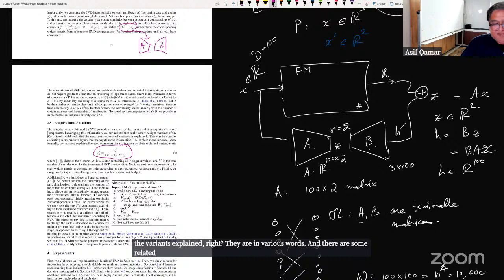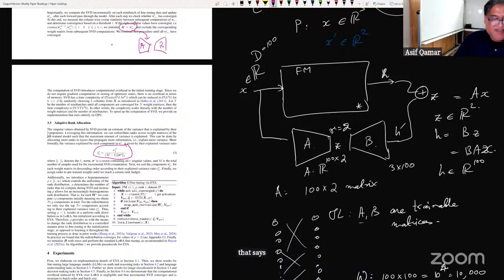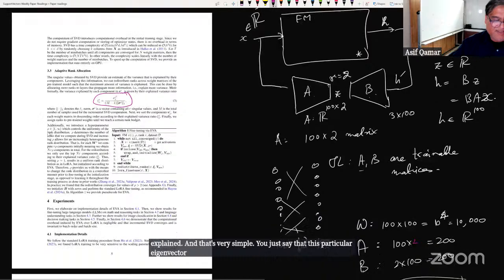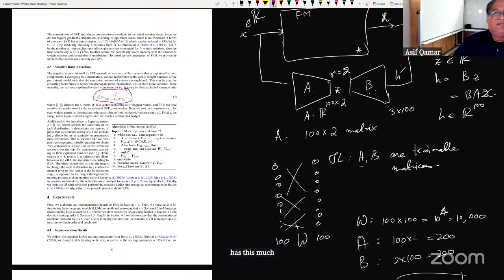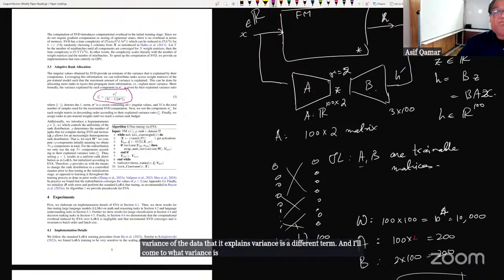This is one of the easier ones, that says how much is explained. You just say that this particular singular vector has this much variance of the data that it explains. Now, not gradient, variance. Variance is a different term, and I'll come to what it is. Just take me for now, the variance is very specific to SVD itself.